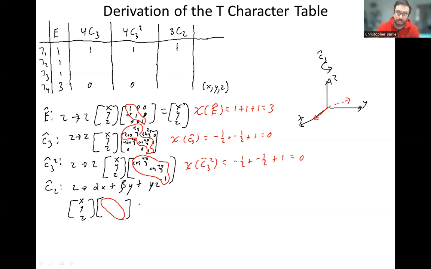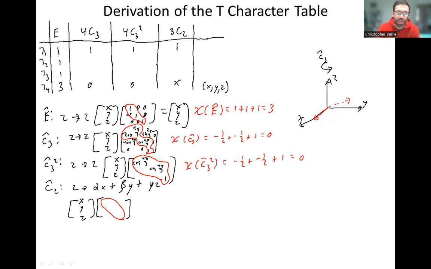Now we could do the visualization that I did in the previous TD character table derivation video and figure out that this is equal to negative 1 through some quite difficult visualization and trigonometry. An easier way at this point is to just use the orthogonality principle.